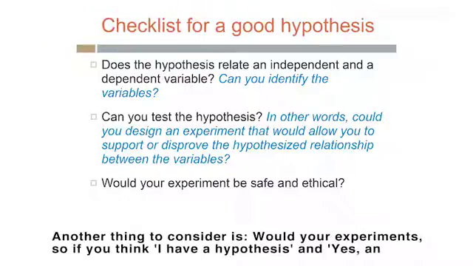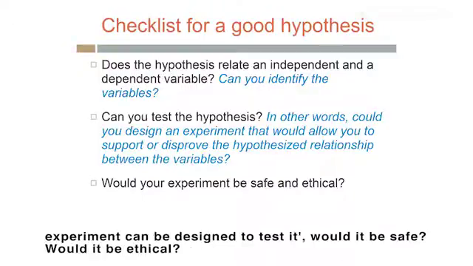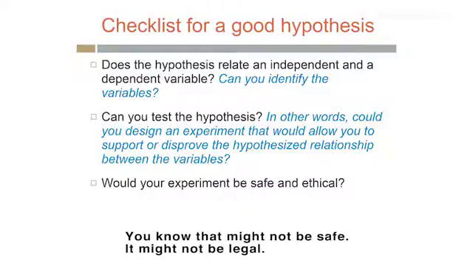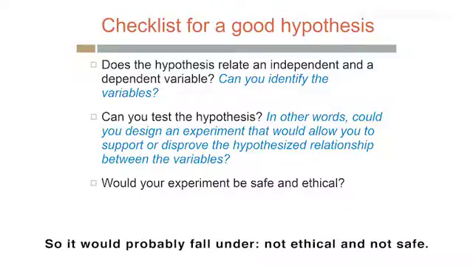Another thing to consider is, if you've got a hypothesis, and yes, an experiment can be designed to test it, would it be safe? Would it be ethical? So does this involve driving a car at 300 kph on little town roads? That might not be safe, it might not be legal. So it would probably fall under not ethical and not safe.